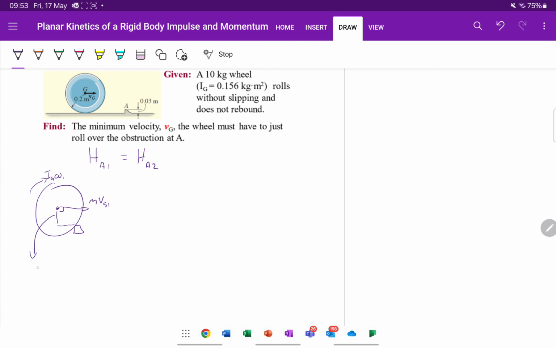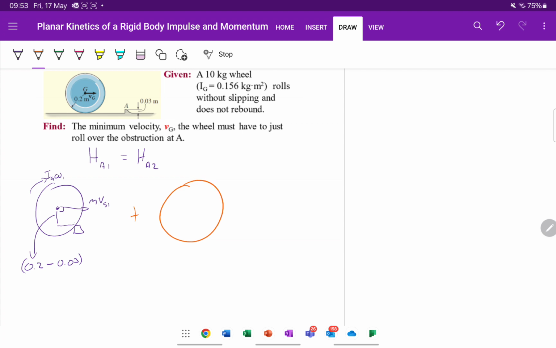Well, the radius of the wheel is 0.2 minus the height of the step. And the height of the step from the question is 0.03. That will give me the distance between A and G, which will be the perpendicular distance that I need in the next step of my calculation.